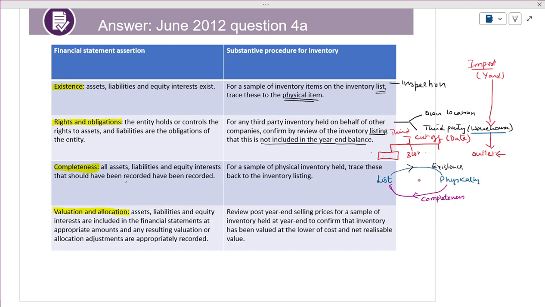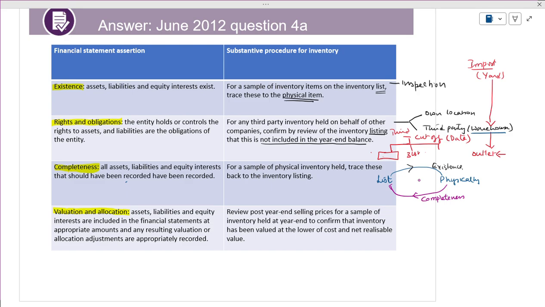You understand this? Two marks are there. Very easy marks. Existence and completeness. Existence means you are taking from the list to the physical. It is there in the inventory. It is there in property, plant and equipment.